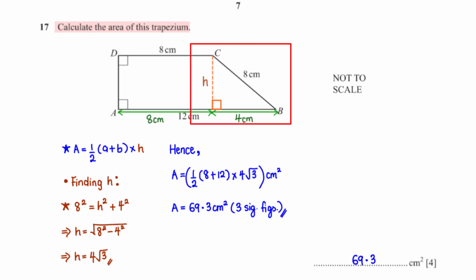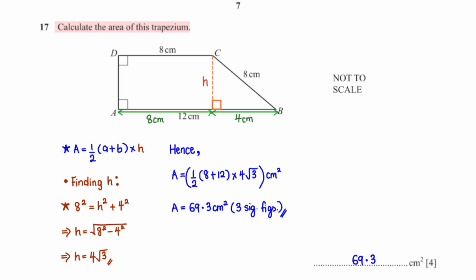We get the length of the base by subtracting 8 centimeters from 12 centimeters, giving us 4 centimeters. Now we can get the value of h using the Pythagoras theorem. This gives us 8 squared equals h squared plus 4 squared. When we make h the subject, this is what we get, and this is equal to 4 root 3.